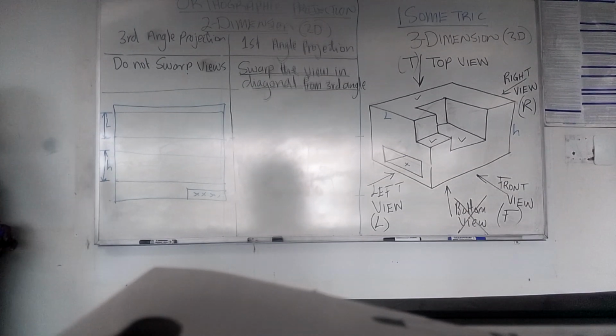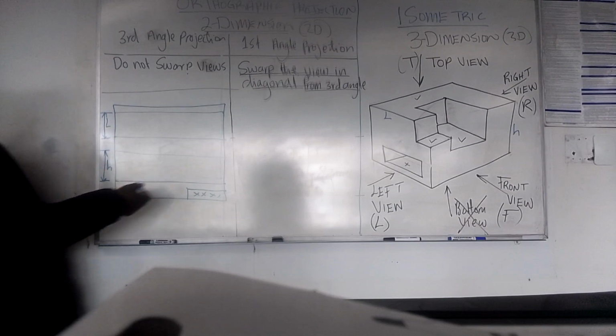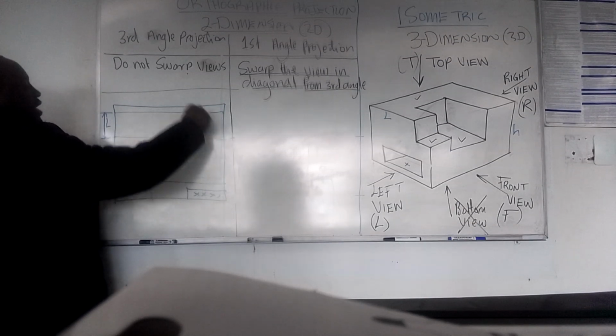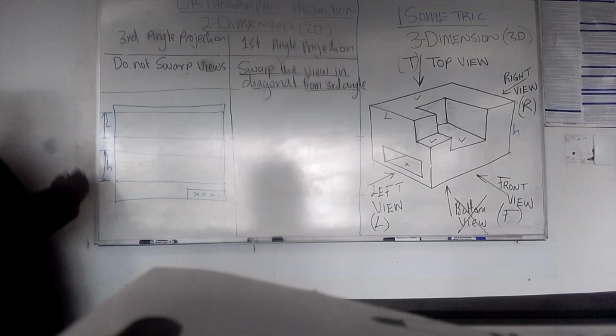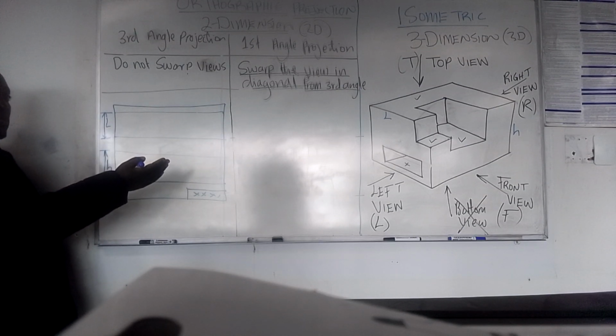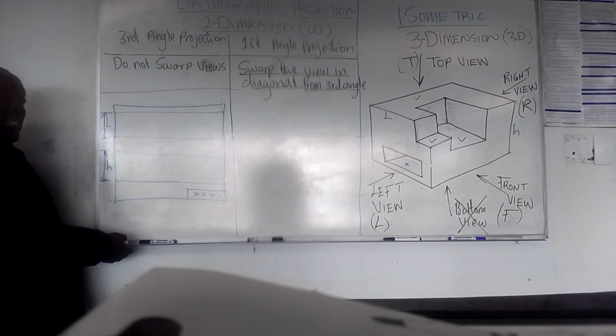What am I trying to do? I'm trying to create proper layout because you lose marks for poor layout. So the size you measure here and the size you measure here must be the same. Now, I want to go sideways. Please, I didn't put a cross here.